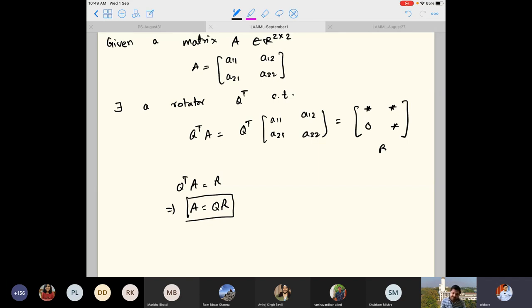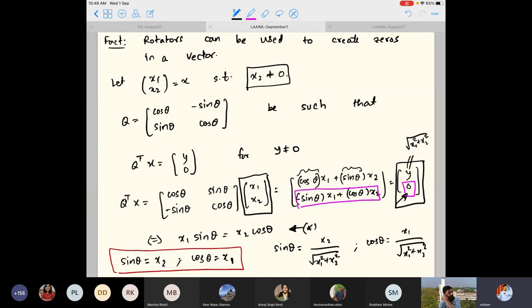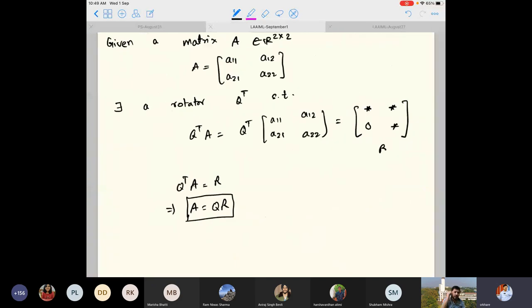This is the QR decomposition that we prove, for 2 by 2 matrices. What really happens is that Q transpose A is equal to R. So you use this particular construction that you see here, which enables you to construct this matrix.